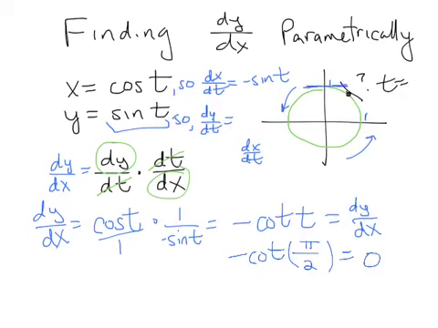And we do see that the horizontal is a 0 after 90 degrees of rotation, or pi over 2 in time. See, it's all related. All these radians and things are related to the unit circle and parametric equations also. All right, so this is how you find the derivative parametrically.